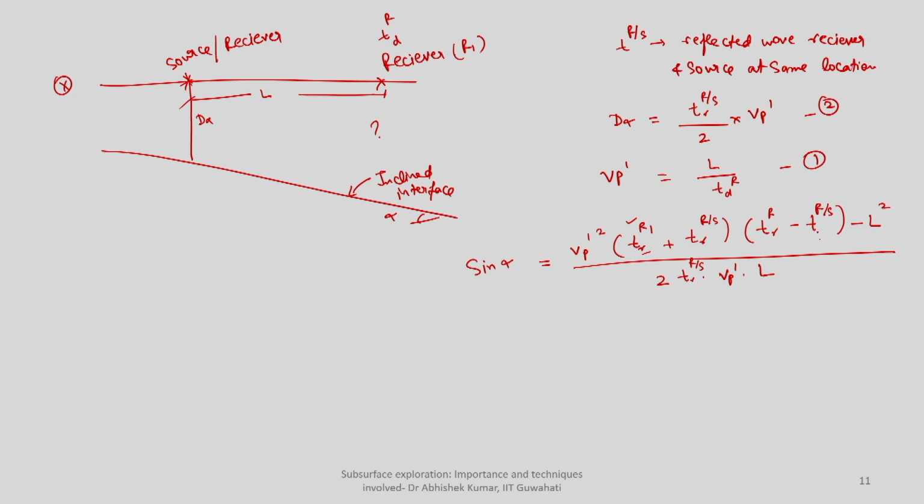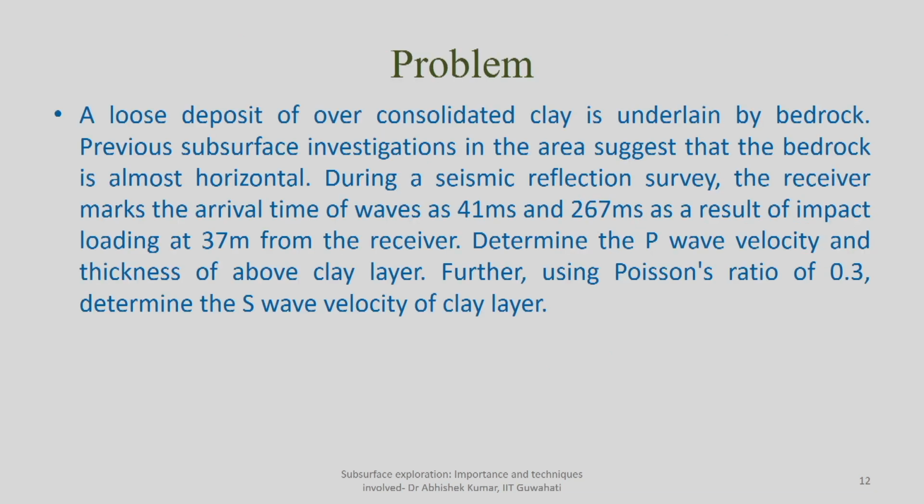TRS is the time of arrival when source and receiver both are kept at the same location. So, that is how you can determine the value of alpha. Once the value of alpha, value of d alpha, value of Vp1 are all known, that will help you understand how variation of interface layer is taking place and what is the physical property of the medium. Okay, so, this is a numerical problem. A loose deposit of over consolidated clay is underlain by a bedrock.